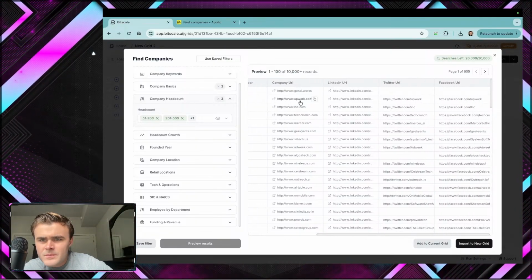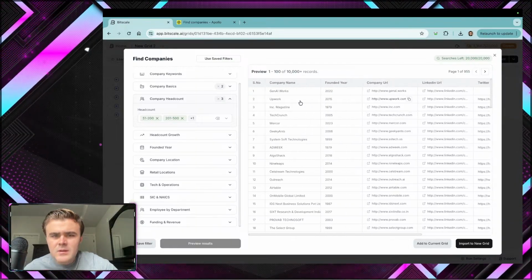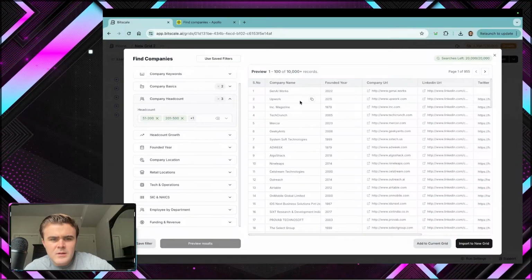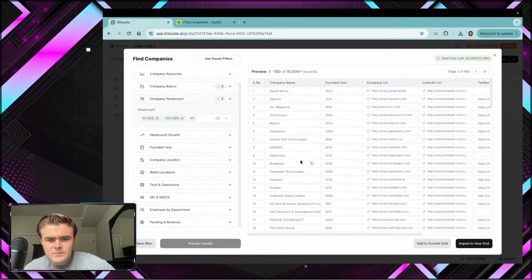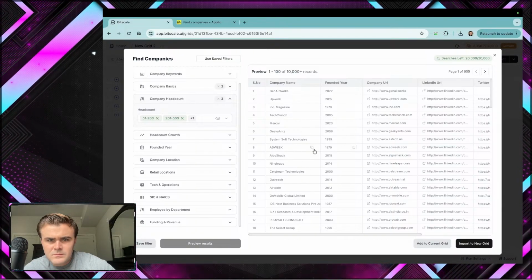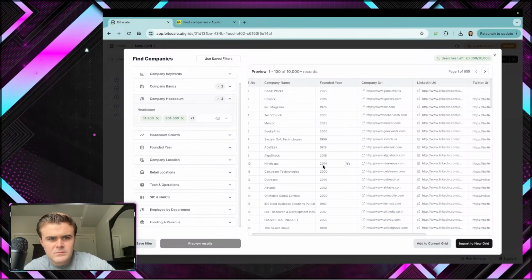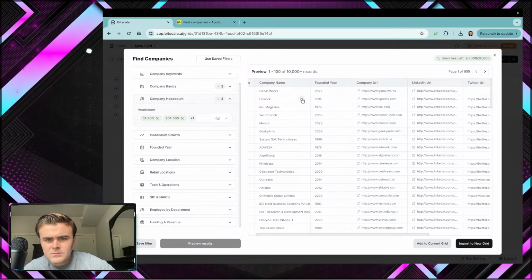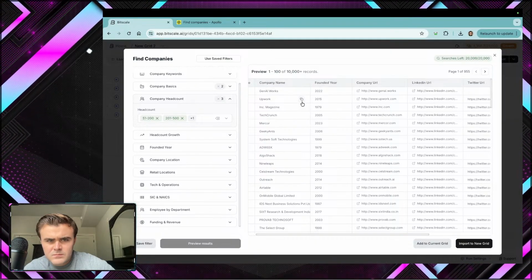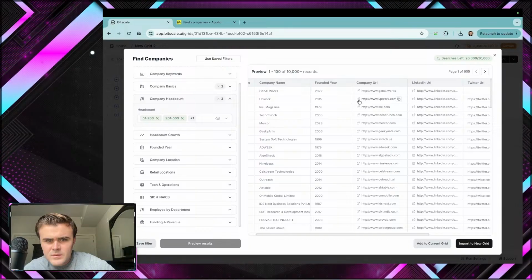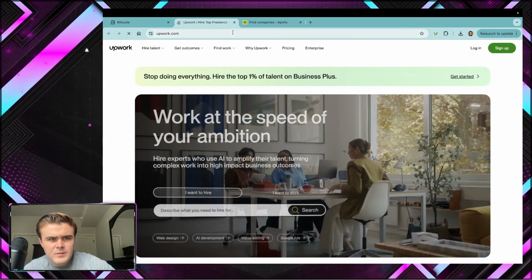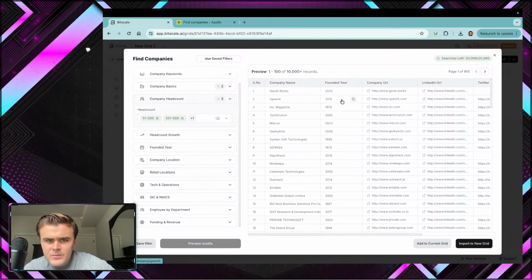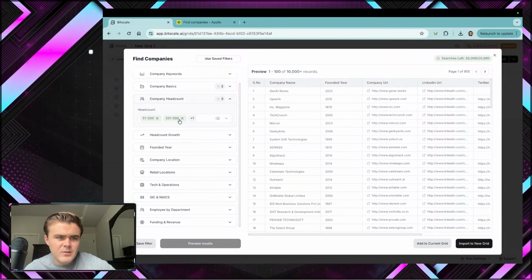Upwork only has, that's very impressive. Where does it say their employee size? It's under 1,000.